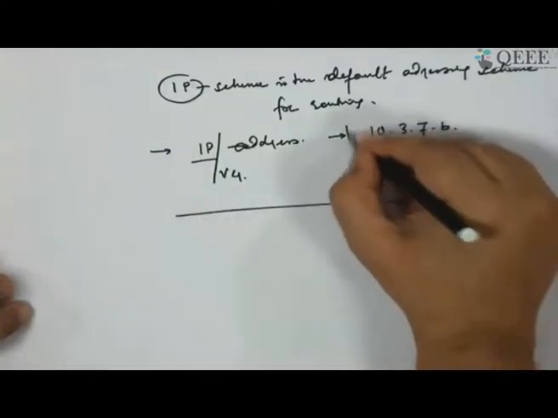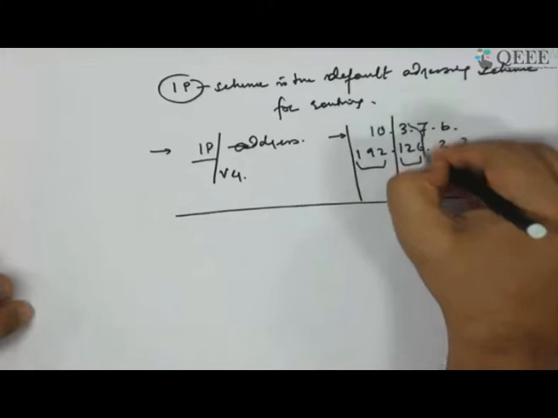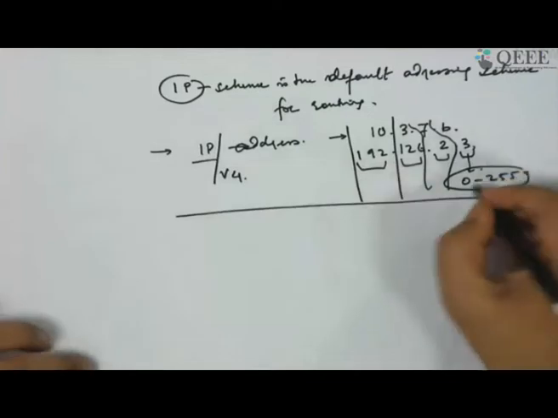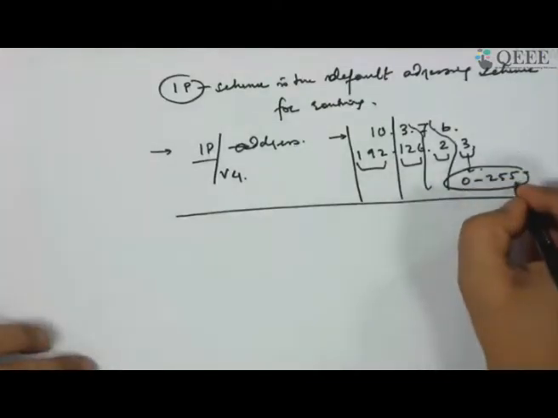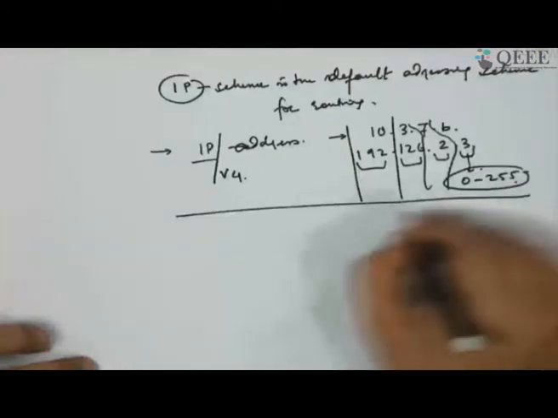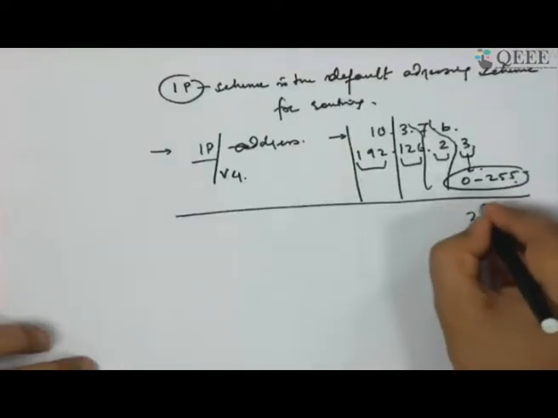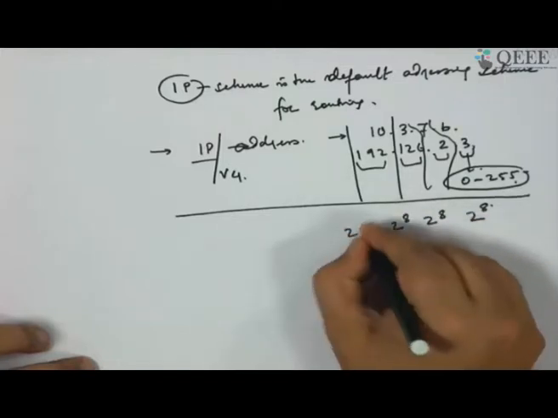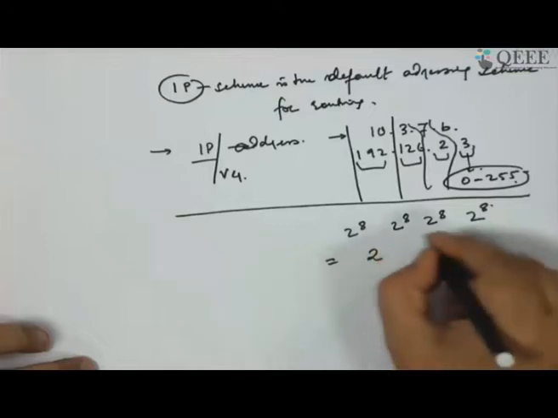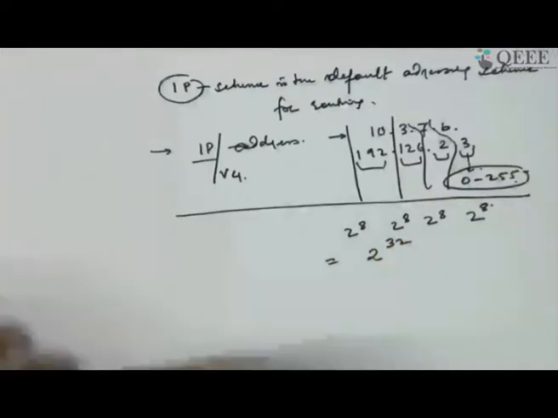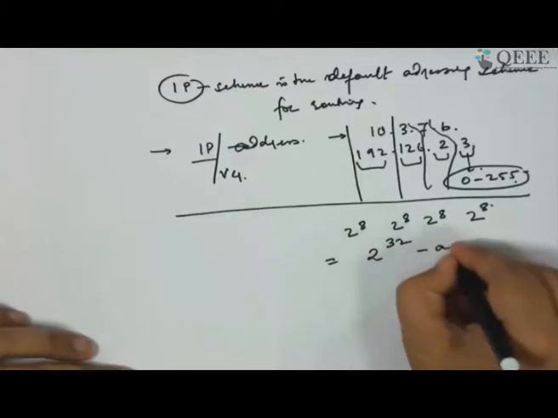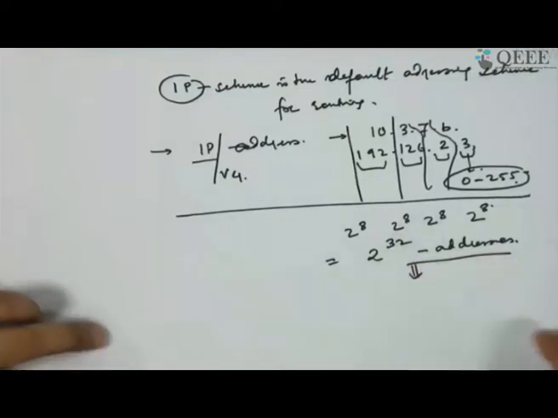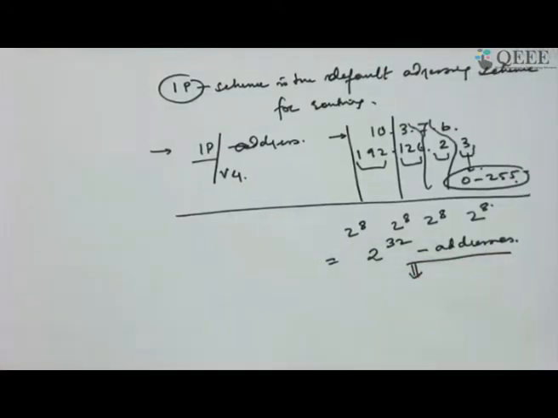Each tuple goes from 0 to 2 to the power 8 minus 1, that is 255. So 2 to the power 8, 2 to the power 8, 2 to the power 8, 2 to the power 8. That means this IP can have 2 to the power 32 addresses.